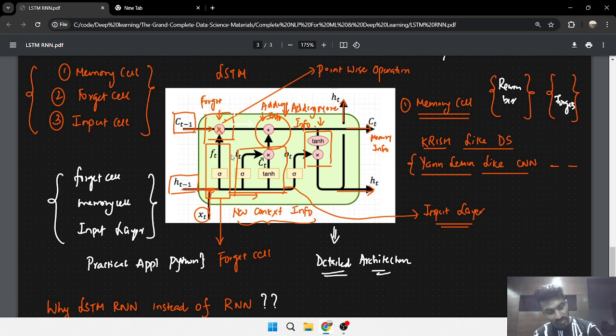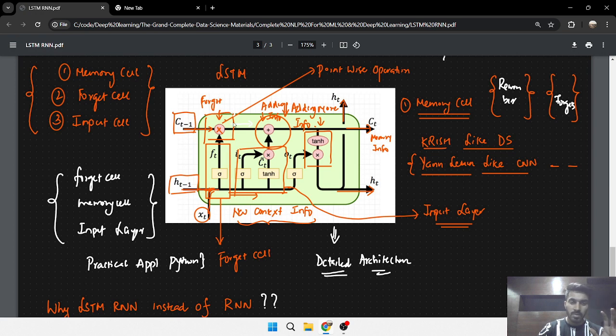So here basically the new information will be captured. If the new information is good, then your model will forget the previous information and the new information will get captured. If the new information does not have a huge impact, then this point wise operation will do nothing and your previous information will be captured automatically.